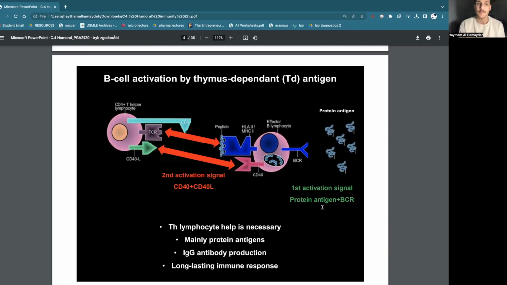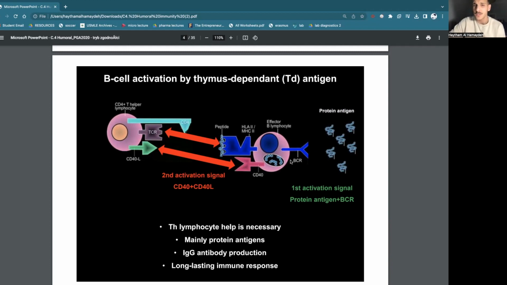This process of B cell activation includes two signals. The first activation signal is when the BCR, or the B cell receptor, binds to a protein antigen, which is basically from the structure of the bacteria.